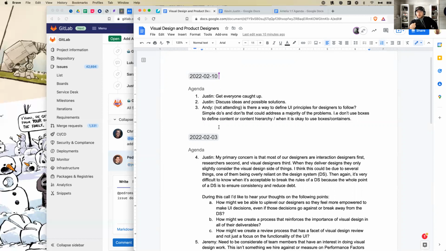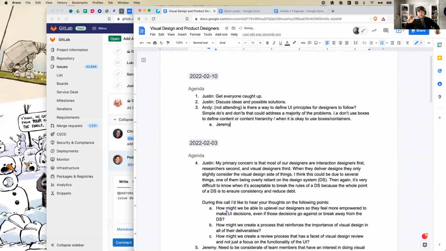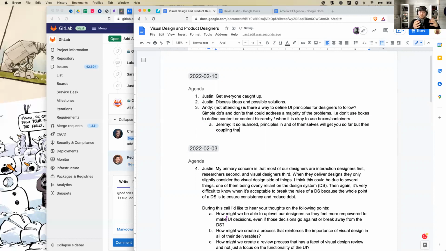Yeah, because it's so nuanced. Principles in general will get you so far, and that in and of itself takes time to practice and discern and know what to pick up on. But then when you talk about a specific brand aesthetic on top of that, all of a sudden you're trying to apply those principles through the lens of the brand, or the UI, whatever the goals of that UI are.